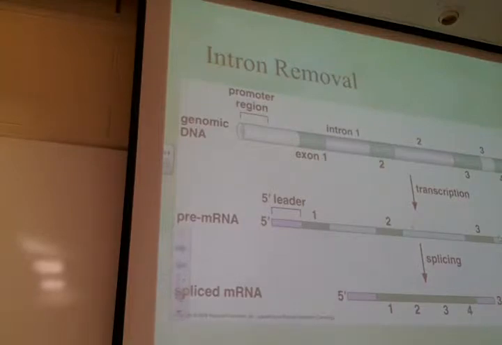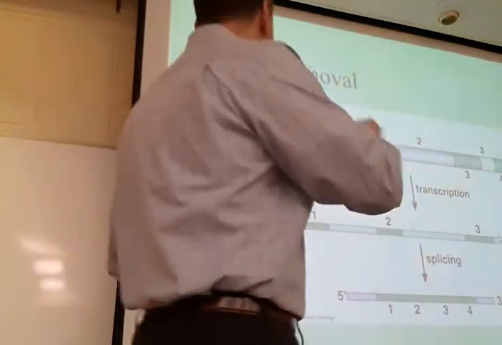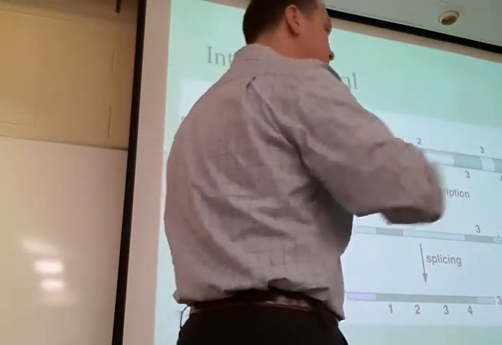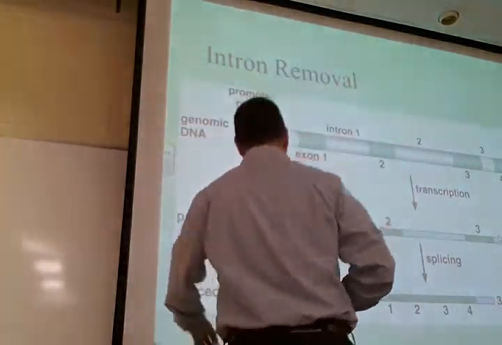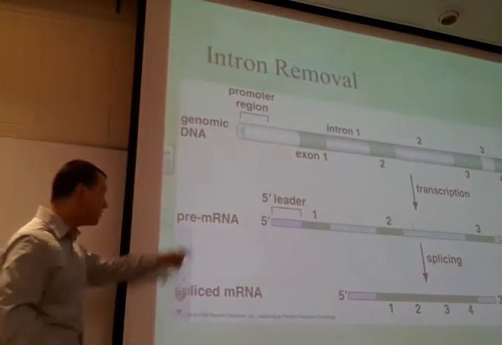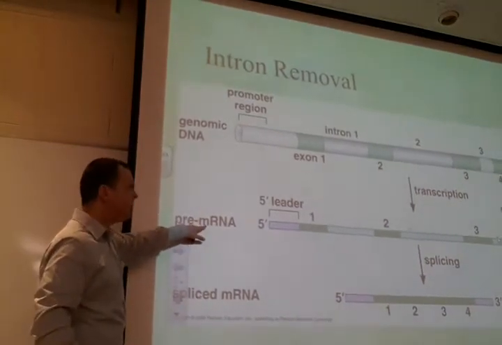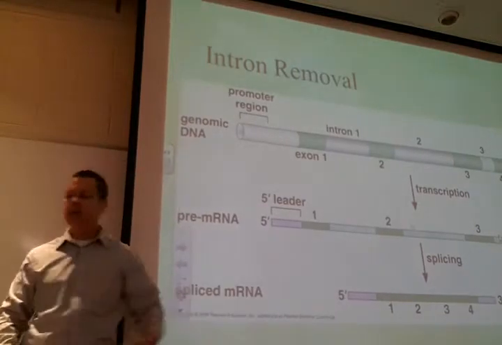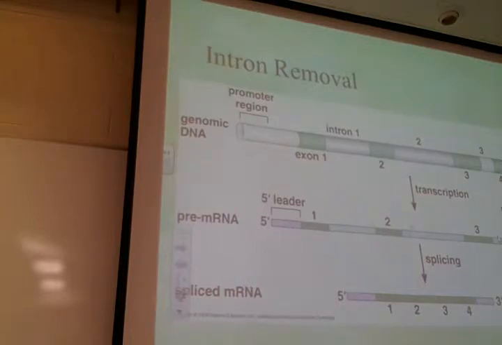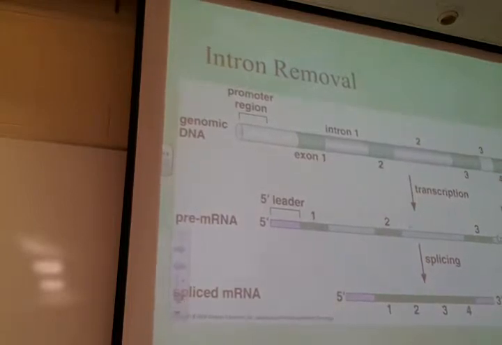So, like I said, the RNA polymerase doesn't know the difference. It just starts at the promoter, ends at the terminator, and copies everything. So the initial RNA product is sometimes referred to as a pre-mRNA. Another term you might come across is the primary transcript, which I actually like a lot.